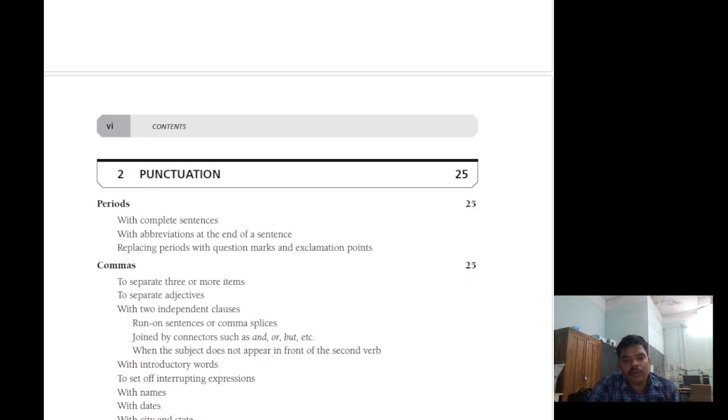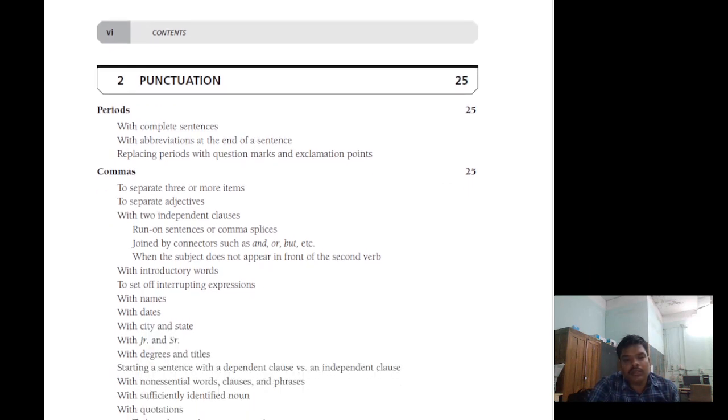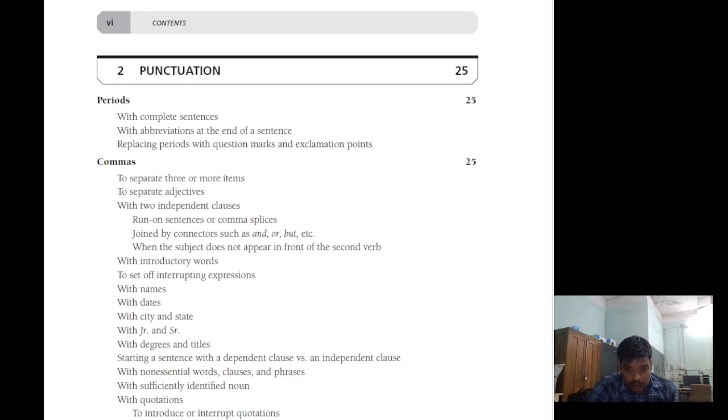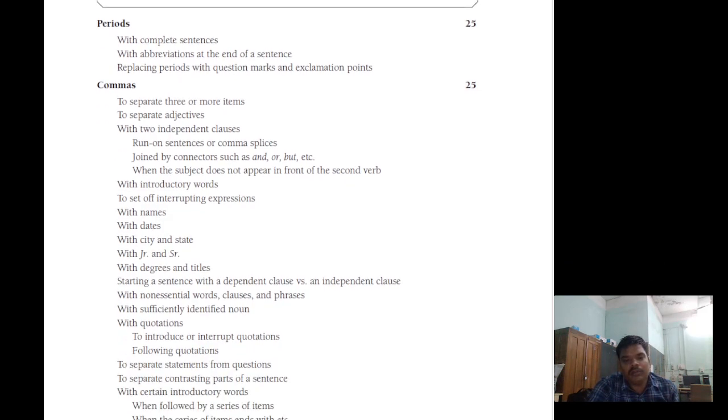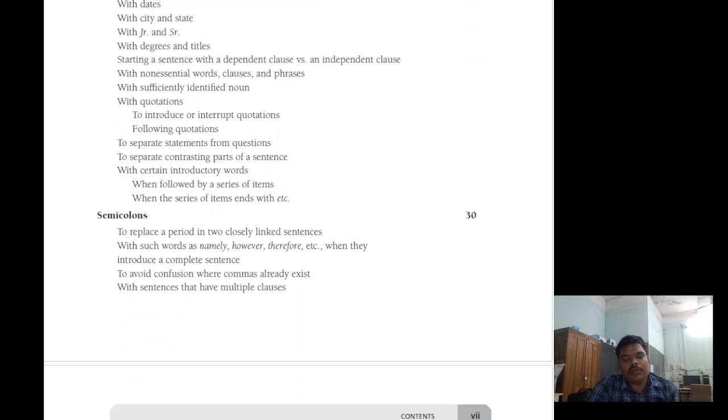Commas, when we put the comma in the sentence: to separate three or more items, to separate adjectives, with two independent clauses, with introductory words, to set off interactive expressions, with names, dates, city and state, with degrees and titles, starting a sentence with a dependent clause versus an independent clause, with non-essential words, clauses and phrases, with sufficiently identified nouns, with quotations. I will cover it in detail.